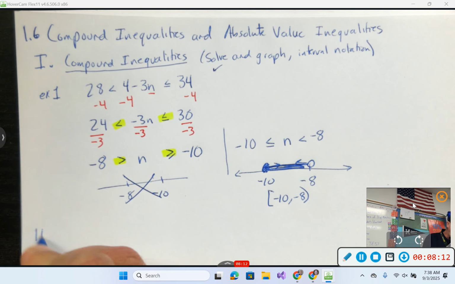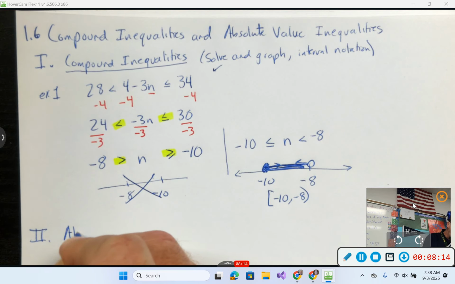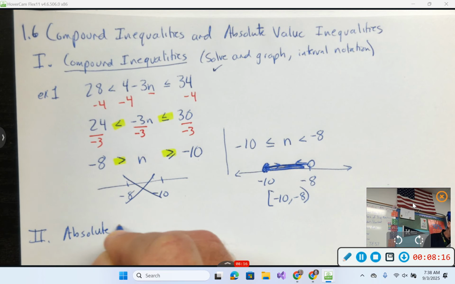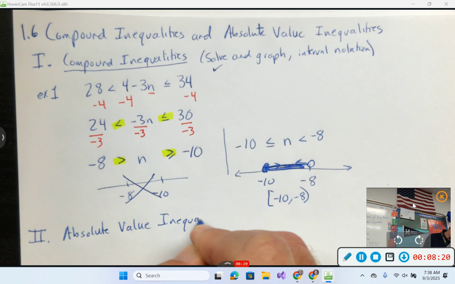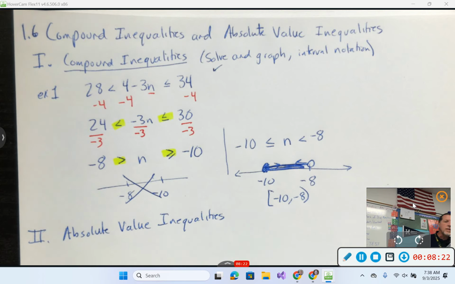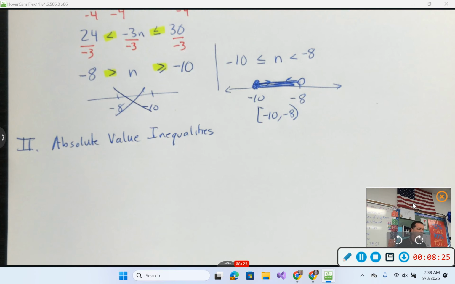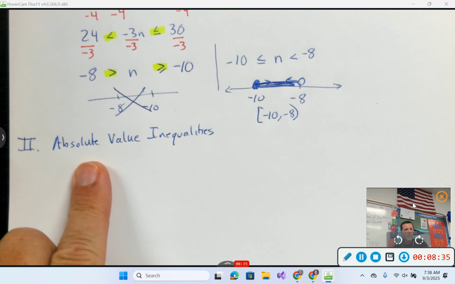What I don't think you did in Algebra 1 are absolute value inequalities. Okay, so this unit we've done absolute value equations.